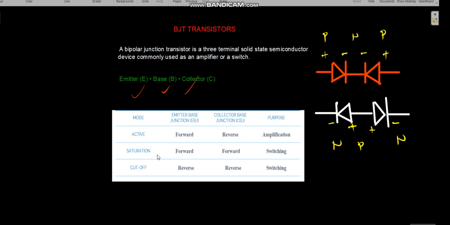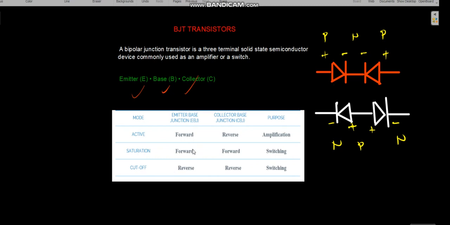In the saturation mode, the emitter-base junction is forward biased and the collector-base junction is also forward biased, and this is used for switching. In the cutoff mode, the emitter-base junction is reverse biased and the collector-base junction is also reverse biased, and it is used for switching. These are all modes of operation of bipolar junction transistors.